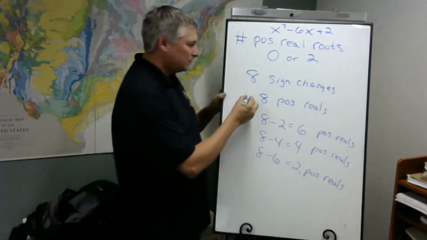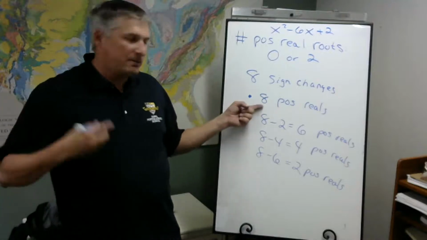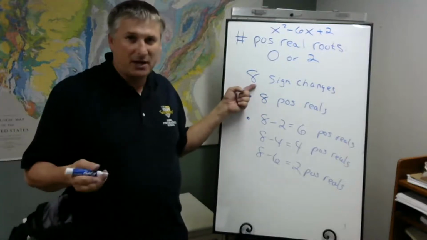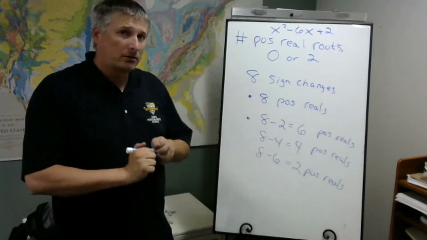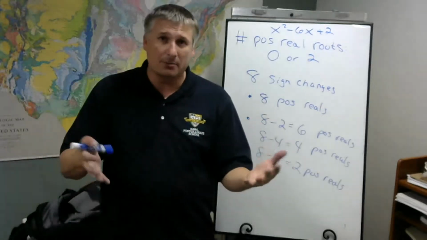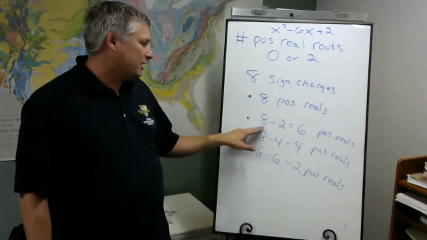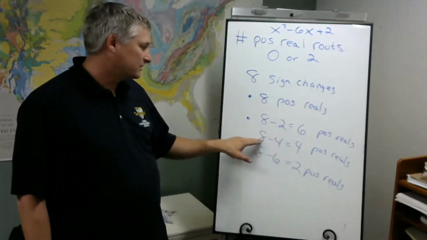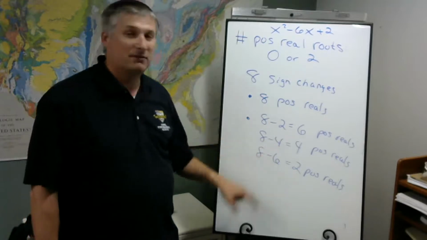So with these two rules, we could have 8 possible reals if there's 8 sign changes. Or other options, in addition to this one, the sign changes minus an even number.